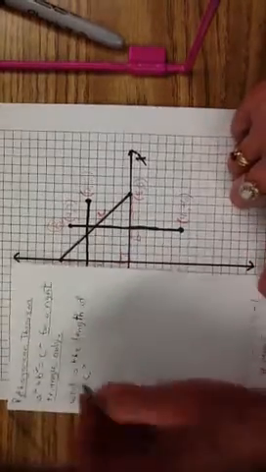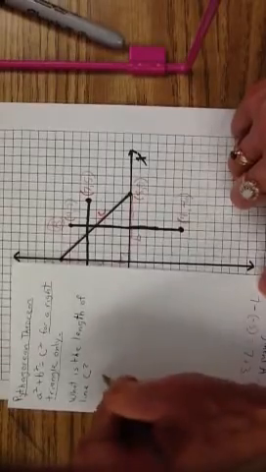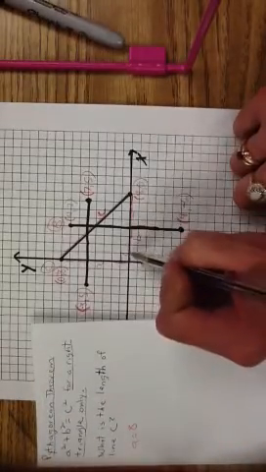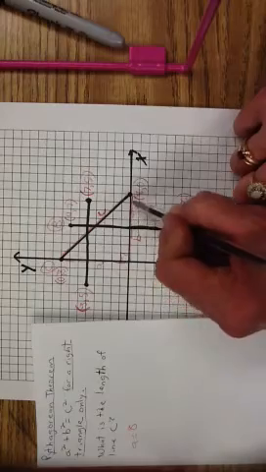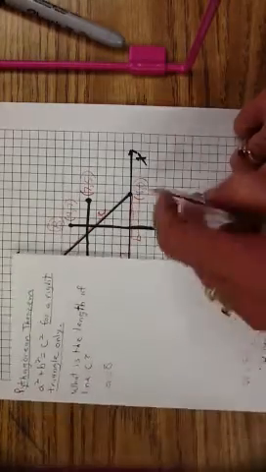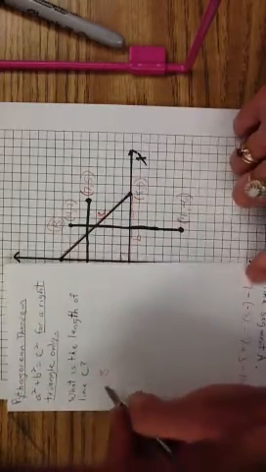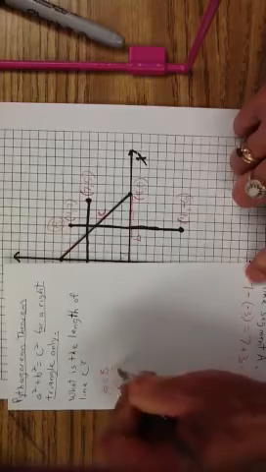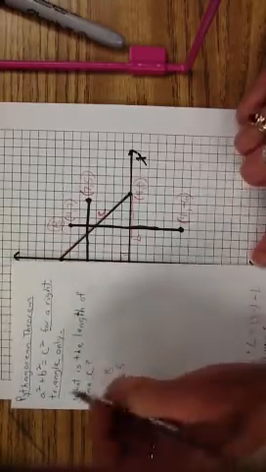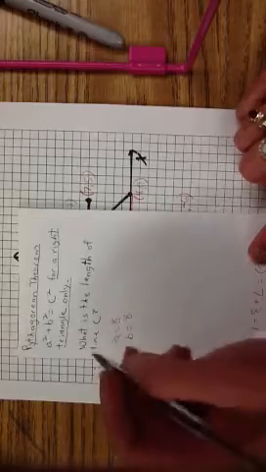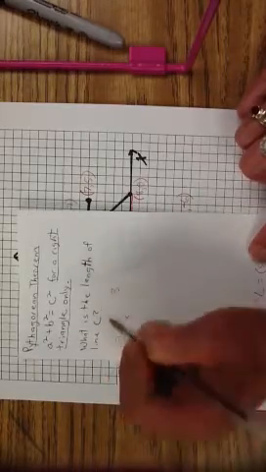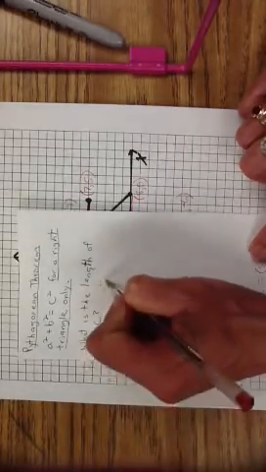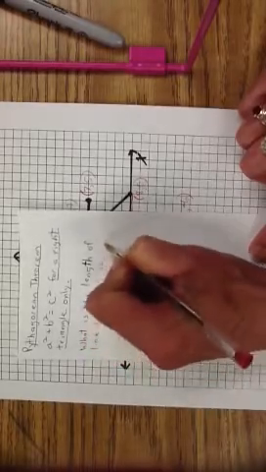So side A equals 8. And then side B, 1, 2, 3, 4, 5, 6, 7, 8. And that's the x-coordinate. So B also equals 8. And we know the formula. So the formula is a squared plus b squared equals c squared.